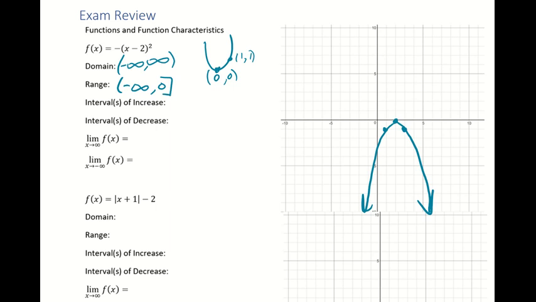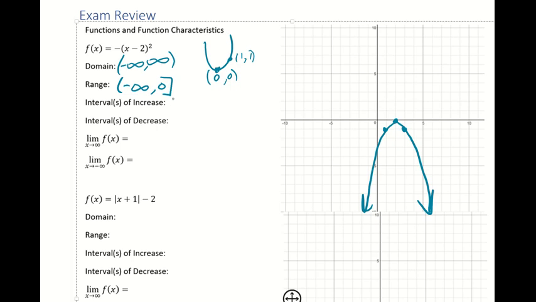For intervals of increase and decrease, we are looking at where it has a positive slope. So the function has a positive slope here. Now, we're talking about this in terms of our x-coordinates. So I know it might be tempting to say, oh, negative infinity to 0. Don't. That's the y-coordinates.